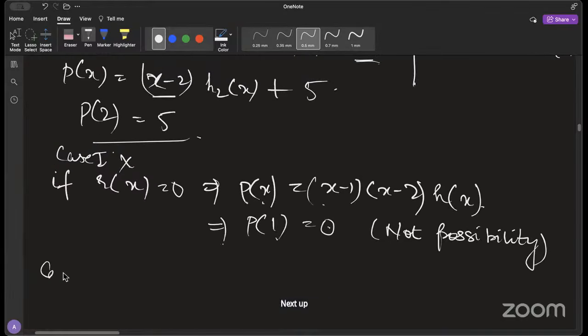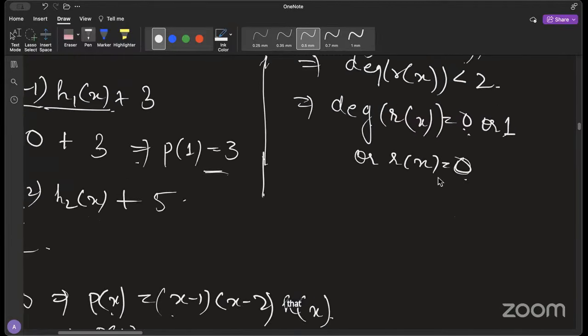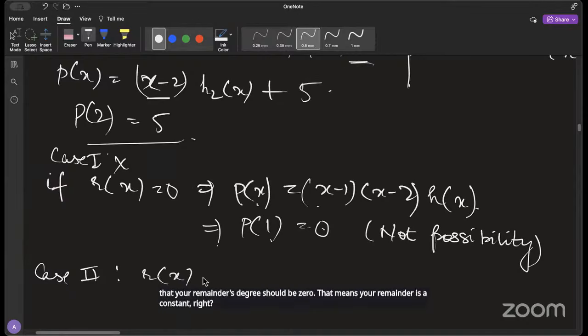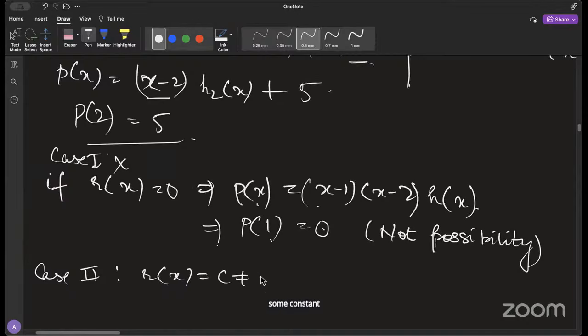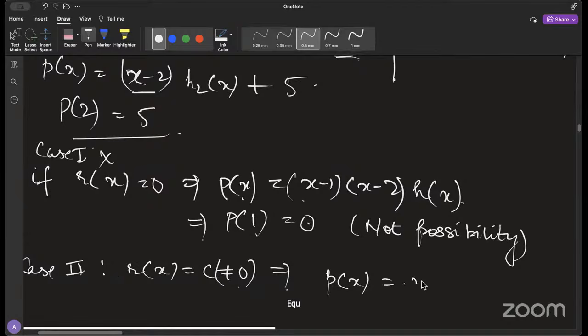Next up, we have case 2, which says that your remainder's degree should be 0. That means your remainder is a constant, some constant which is not equal to 0. Again, you will do the same thing here. You will have p(x) equals x minus 1, x minus 2, h(x), and let's say the remainder is c.